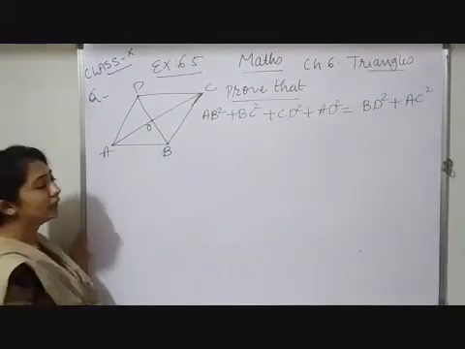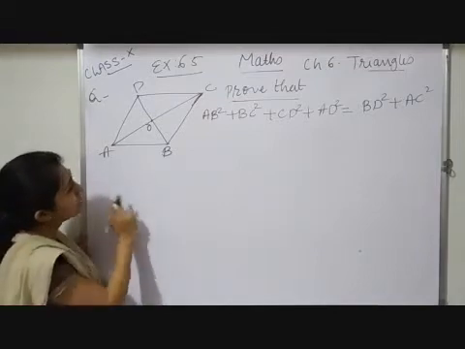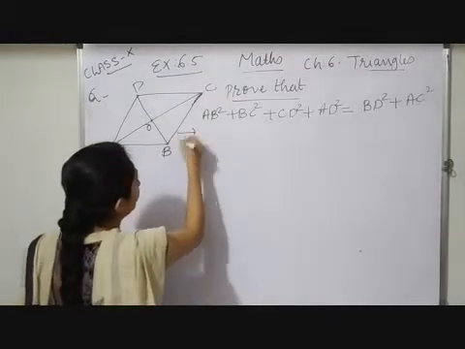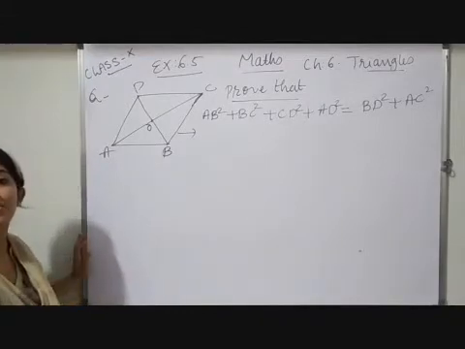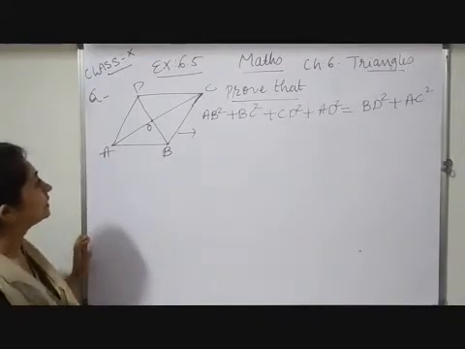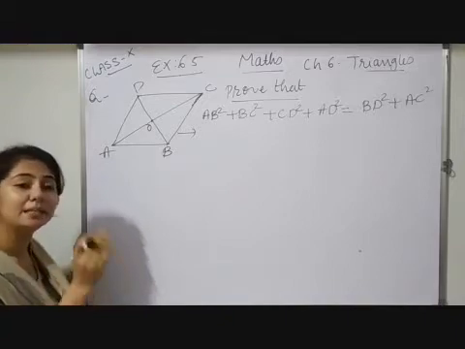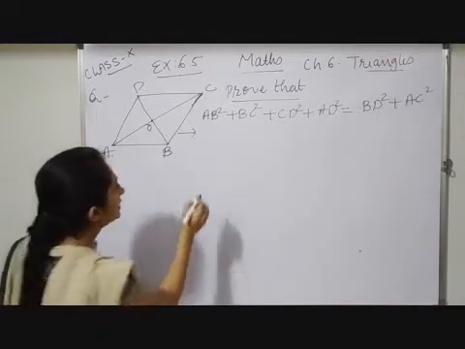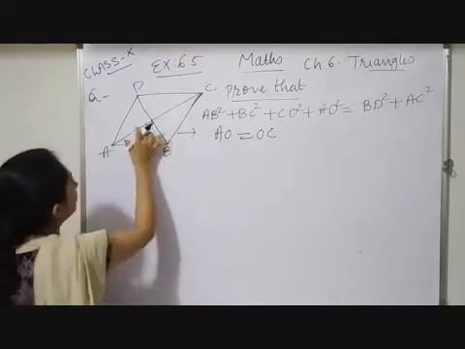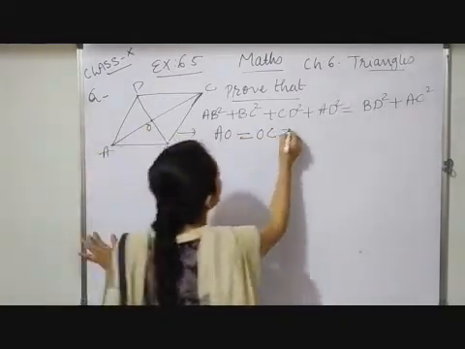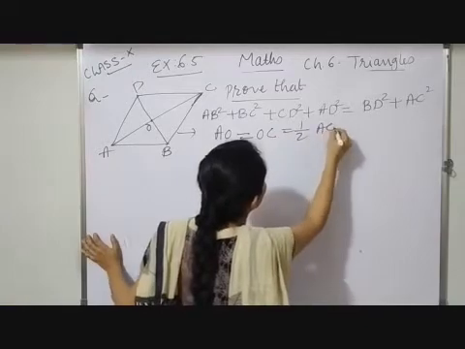Now, as you know, in a rhombus the diagonals bisect each other at 90 degrees. Bisect each other means dividing into two equal parts. So I can write AO equals OC, which equals half AC.